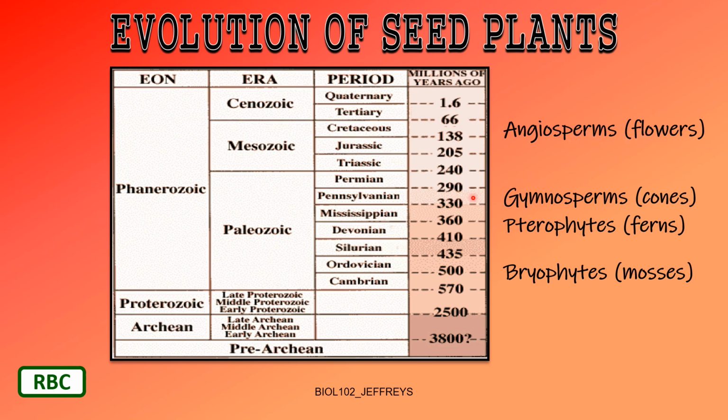But for the longest time, gymnosperms were the dominant plant life on the planet. And it took about 300 million more years or so before the flowering plants showed up. So for the longest time, everything was pine tree and hemlock tree and all those kinds of trees.